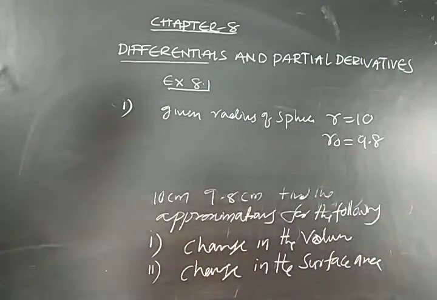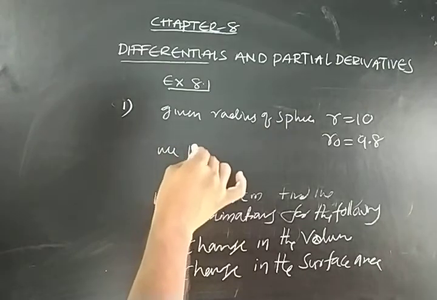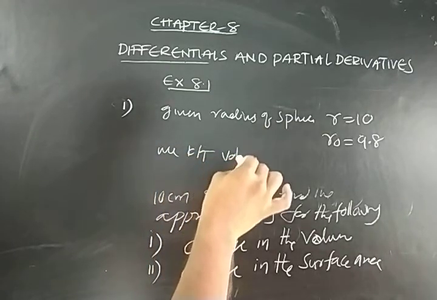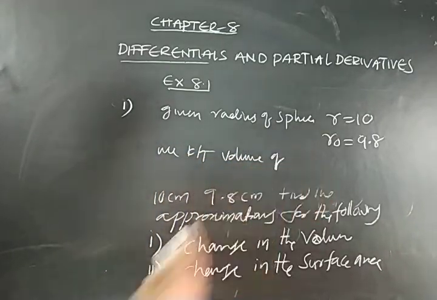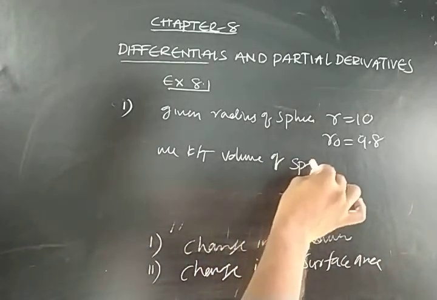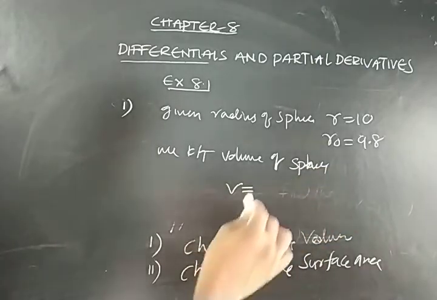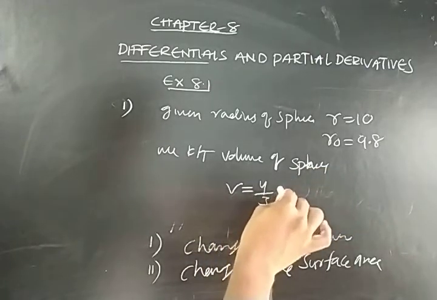So I am going to find the change in volume. We know the volume of the sphere, I am denoting it by V, is 4 by 3 pi r cube.